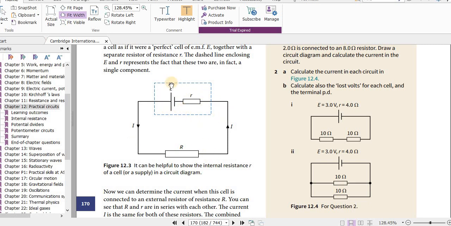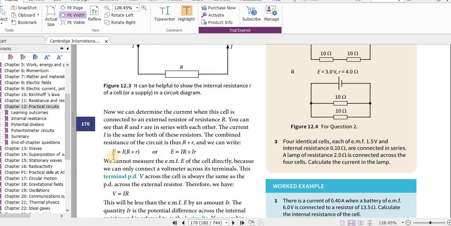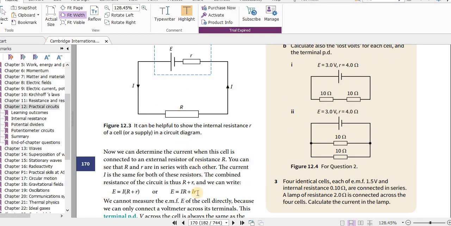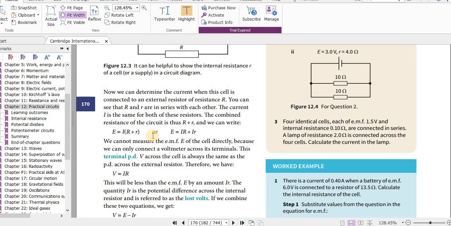So that means the EMF, according to Kirchhoff's second law, is equal to I times R plus I times simple r. So this is what we get. Now I is common, we can factor it out because it's the same current passing through each of them. You can see all of them are connected in series.